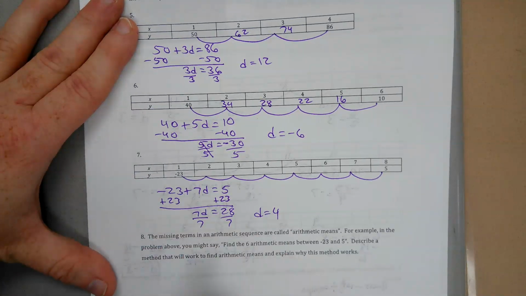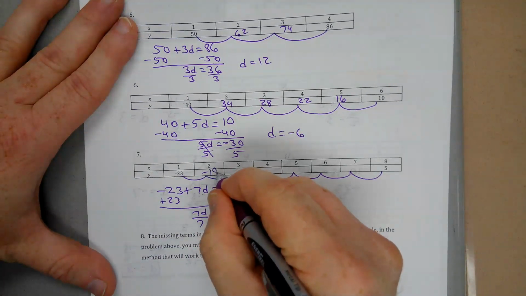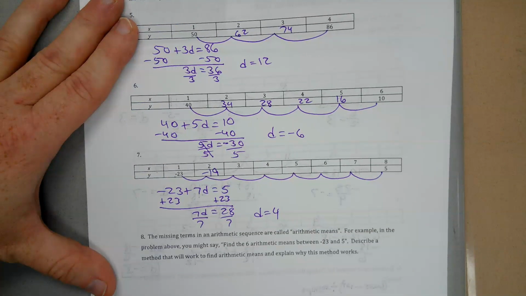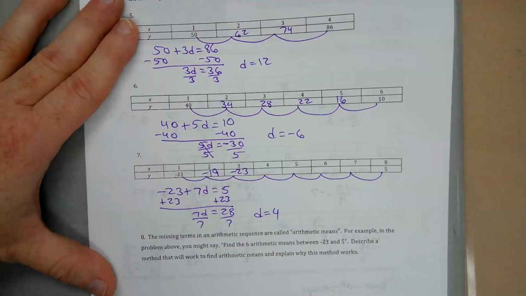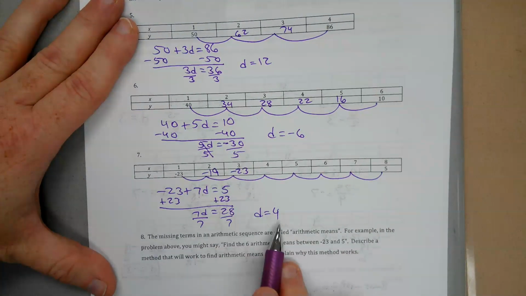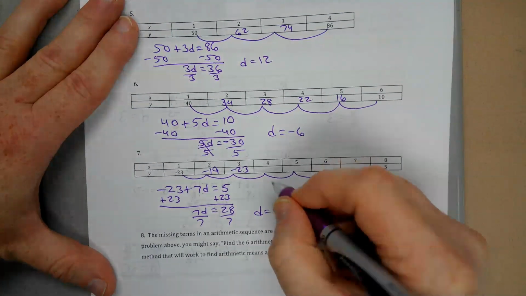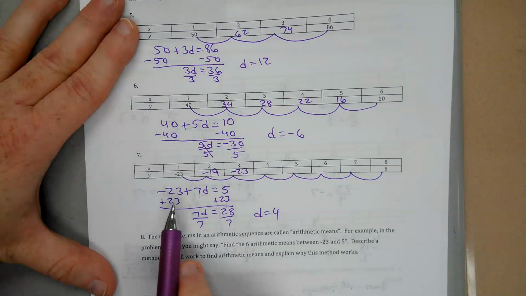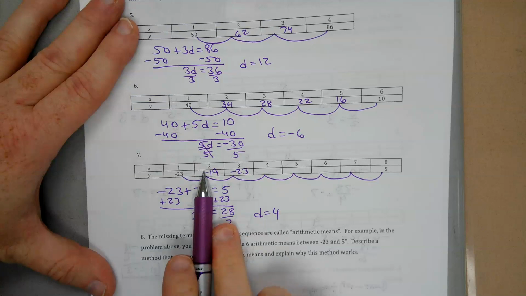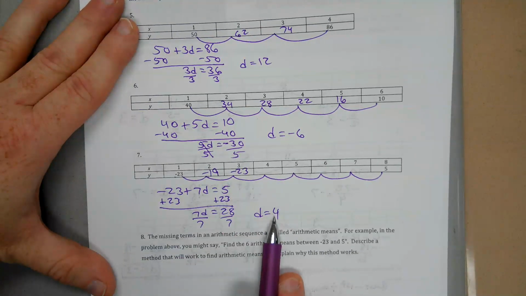Negative 23 plus 4, that's negative 19. Negative 19 plus 4 is negative 23. Whoops, I just made a silly mistake. It's positive 4, and a negative plus a positive, the number actually goes up.